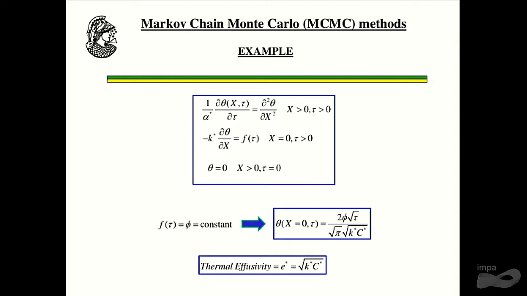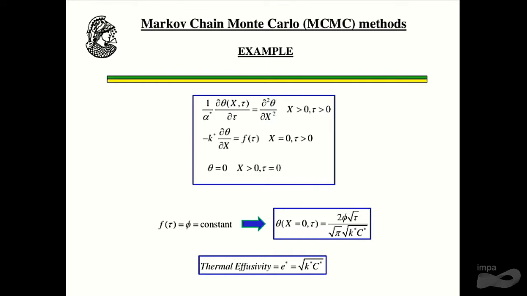So one possibility is, for example, let's say that we use some reference material, and with some reference material, we estimate phi. And from this phi that is estimated with this reference material, we then use it for the characterization of other materials that we would be interested in measuring this thermal effusivity.